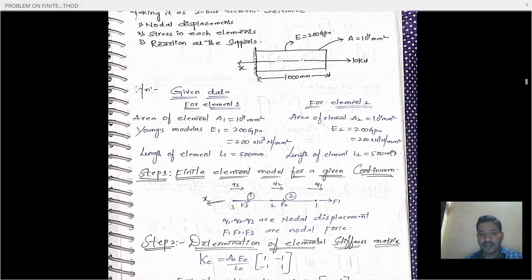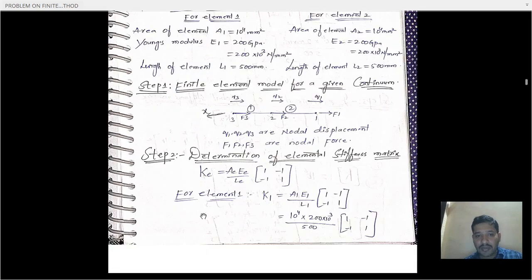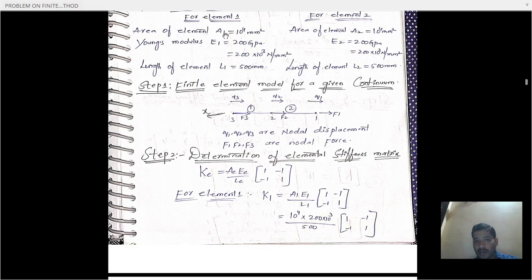Then step number 3: we need to find the determination of the elemental stiffness matrix. So what is the formula of the elemental stiffness matrix? The elemental stiffness matrix formula is Ke equals AE by LE times the matrix [1, -1; -1, 1]. If you want to consider element 1, the same formula we have to use, just changing the values here.